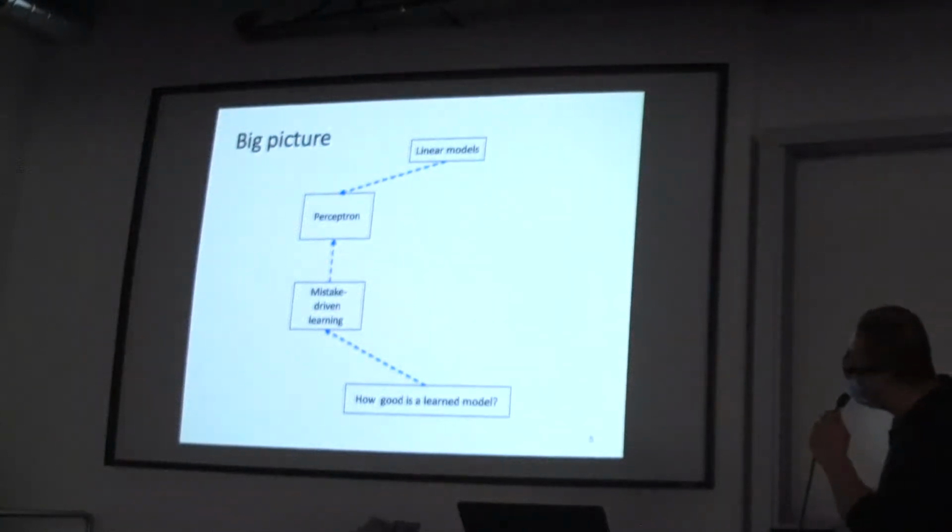We have discussed it: it is a typical mistake-driven learning. We just evaluate the goodness of the model in terms of prediction on the training data. If the current model can correctly predict the current training example, we feel this is a good model and we switch to the next example.